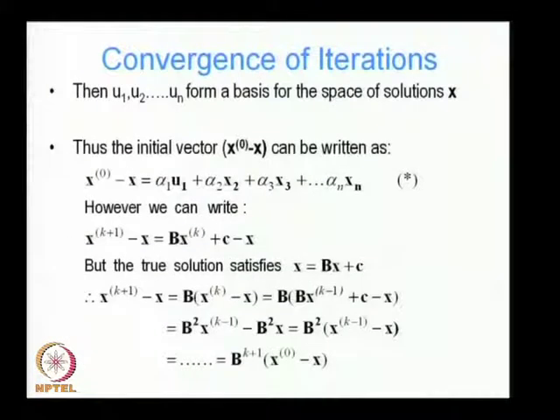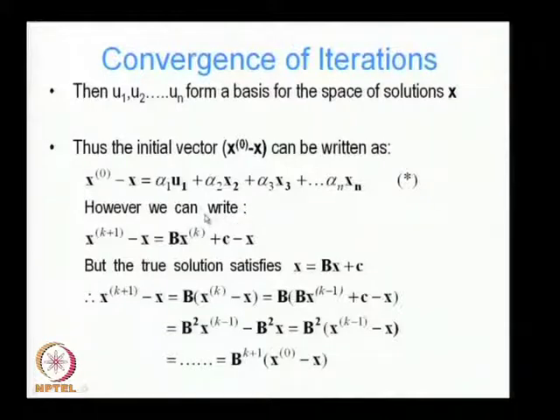Using this equation here, x0 minus x we know we can write like this. So, substituting this value here, we get B^(k+1) operating on alpha 1 u1 plus alpha 2 times B^(k+1) operating on u2, plus alpha 3 times B^(k+1) u3, and so on and so forth.